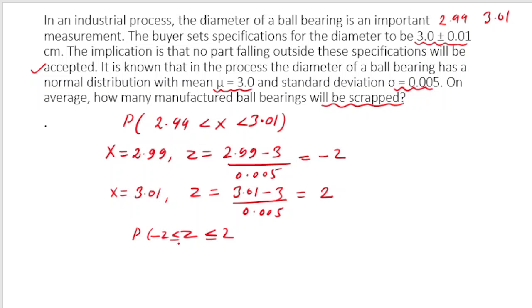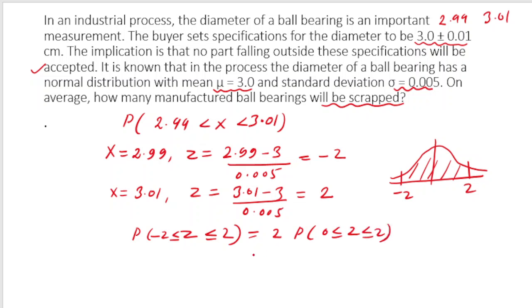To calculate the probability between -2 and 2, again we can use the symmetry of the curve. If this is 2 and this is -2, we have to calculate this total area. So it is 2 times the area between 0 and z, because the table gives me the area from 0 to z. If you calculate the area from 0 to z, it is 0.4772.